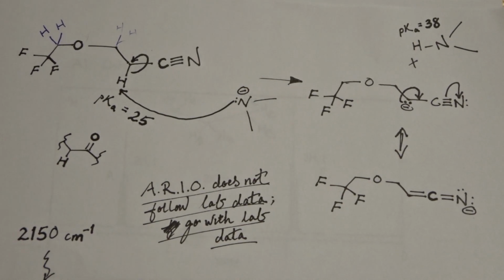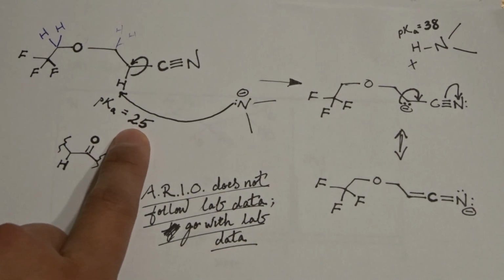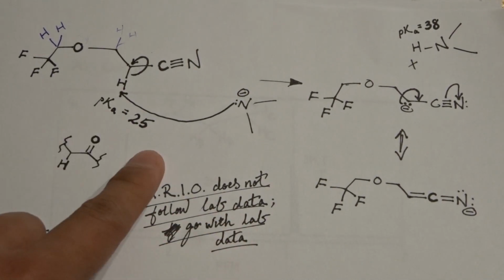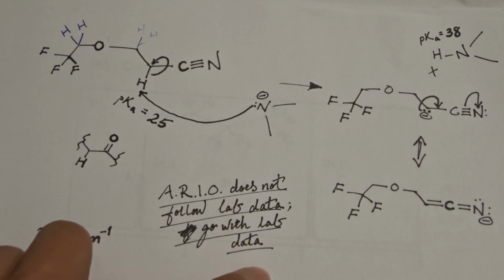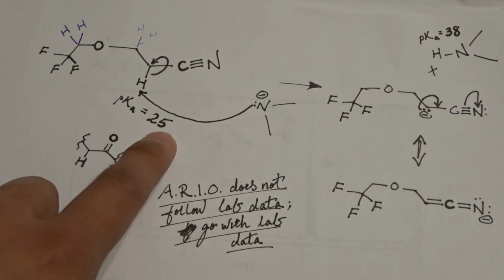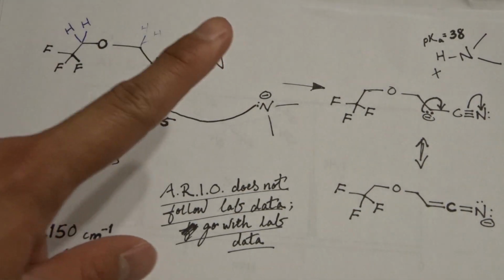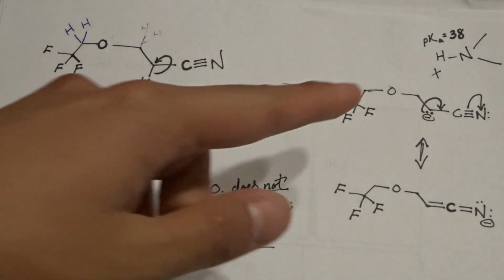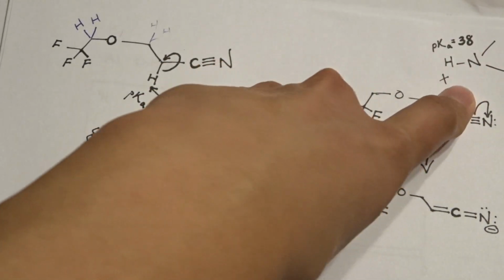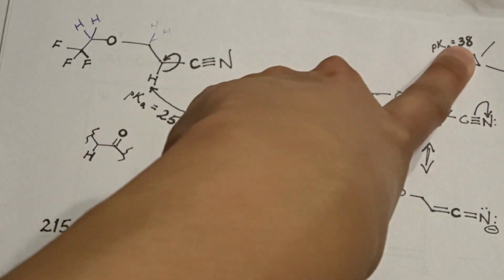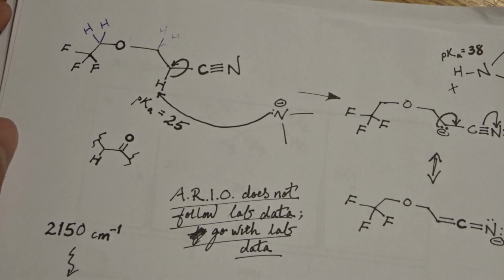There's some exception, okay? And in this case, Oreo does not follow the pKa, but goes with the lab data, which is the pKa, okay? So equilibrium actually lies to the right because we have this side with the higher pKa value, okay?